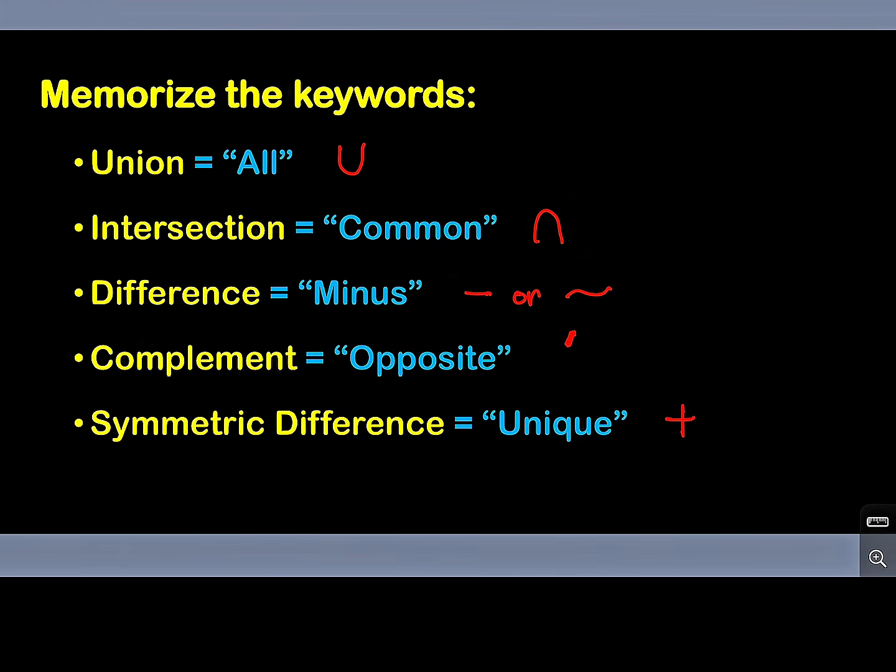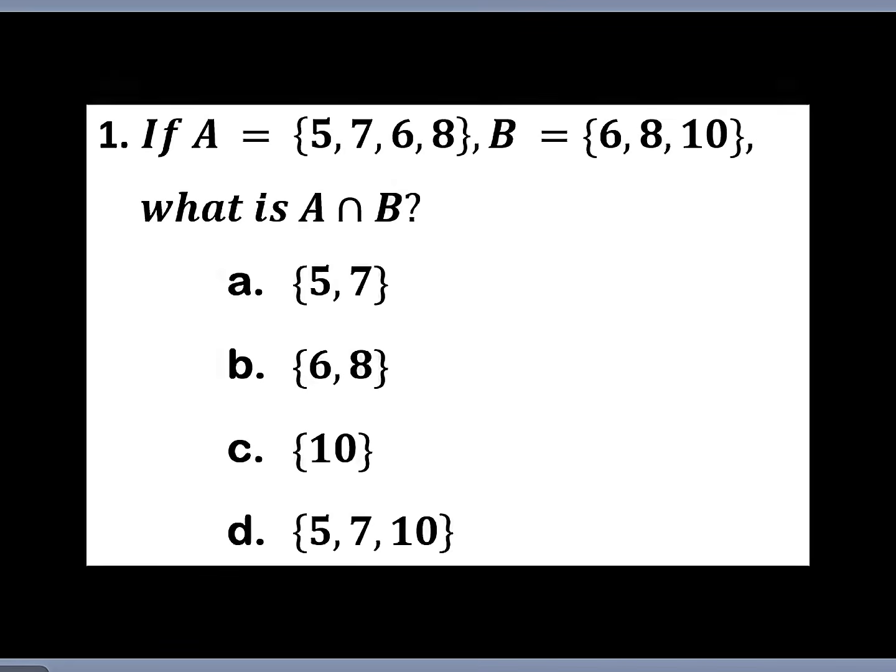I will be glad if you will ace your exam for operation of sets. Let's do it together. Example number 1. If set A, the set of 5, 7, 6, 8, and set B, the set of 6, 8, and 10, what is A intersection B?